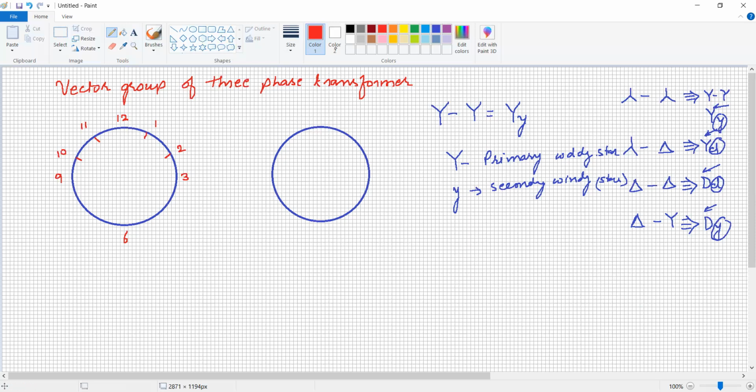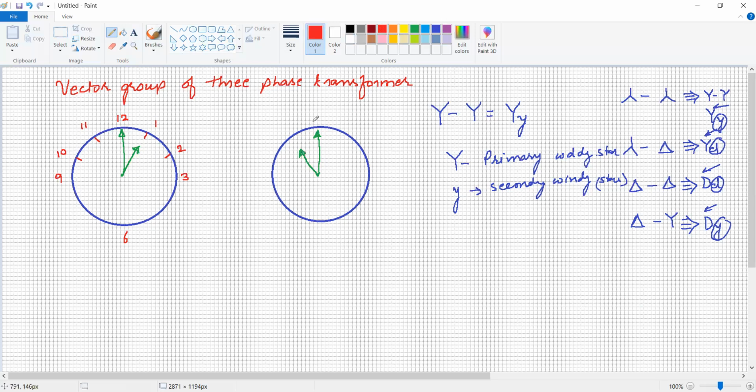When there is 1 o'clock, this is the minute hand, and this is the hour hand. Similarly, here is a minute hand, and here is the hour hand.